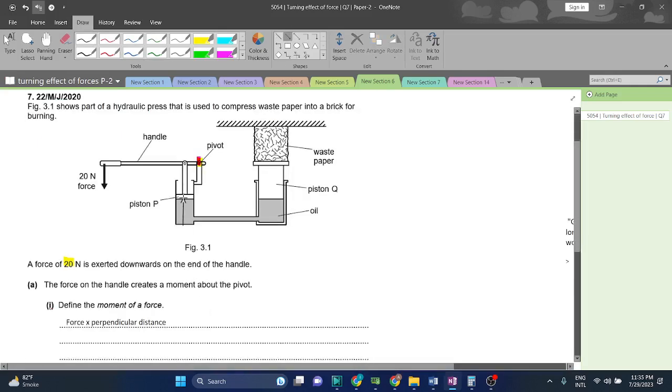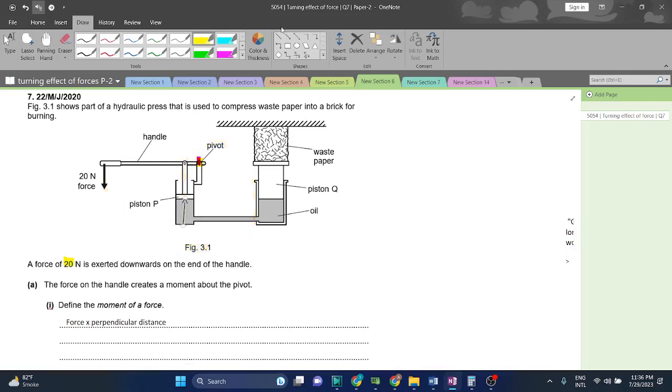Because for the system to stay like this without any changes in the direction or the rotation, there needs to be an equal moment. This is creating an anti-clockwise moment, while this is creating a clockwise moment. ठीक है ना? The force by the water is creating a clockwise moment, and this is creating an anti-clockwise moment.